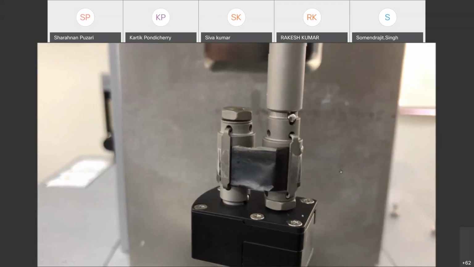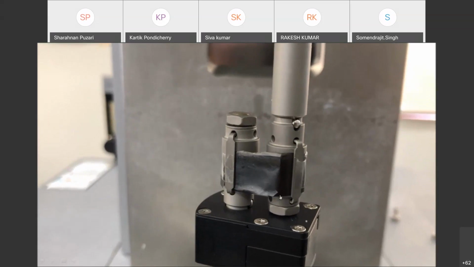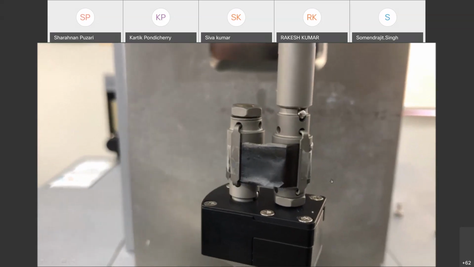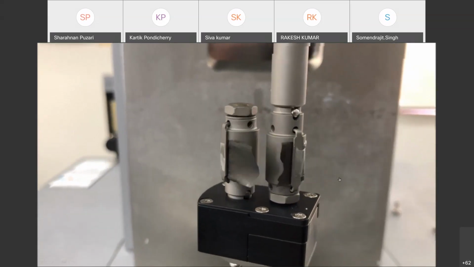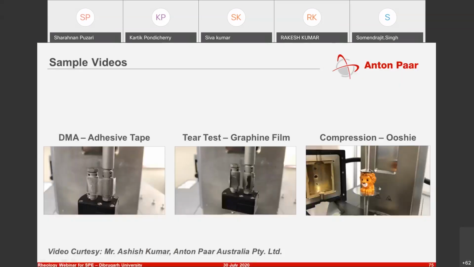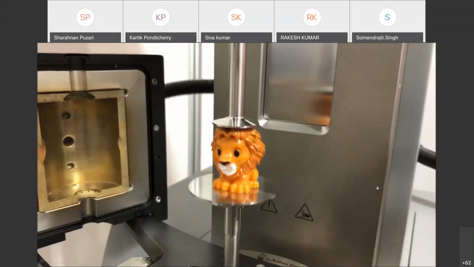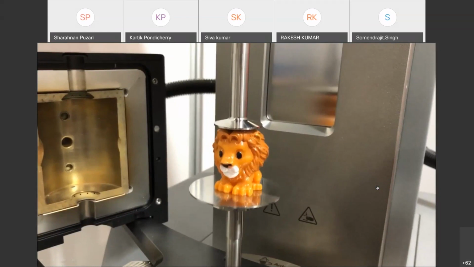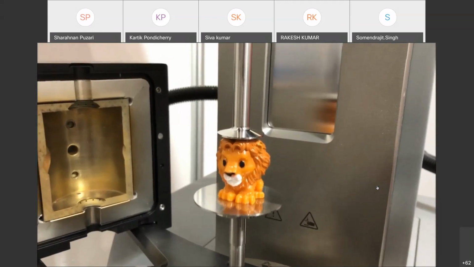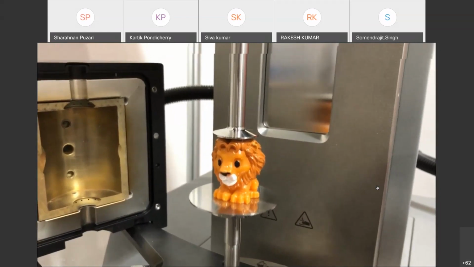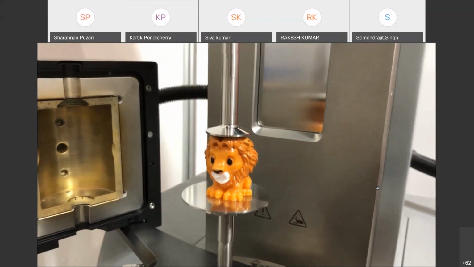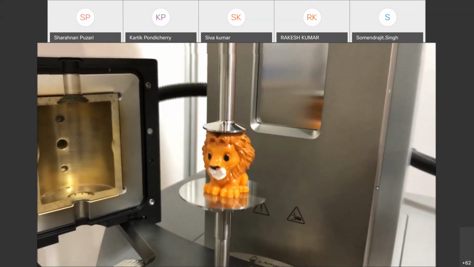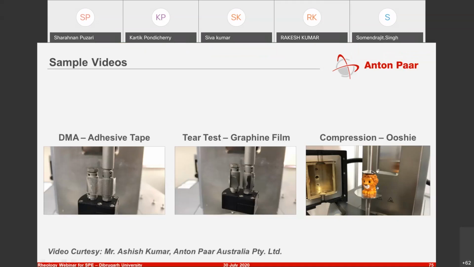Or if you want to look at the tear properties of this carbon film, you could do that as well. And then this is compression. I think this is called an OSHI. These videos were actually provided to me by a colleague of mine, Ashish Kumar from Anton Paar in Australia.